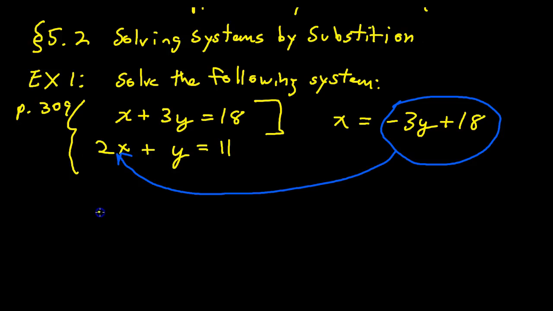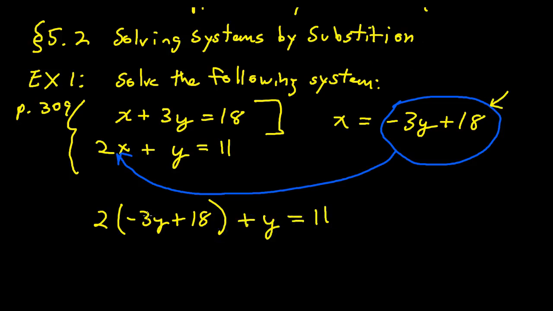Into the second equation, I get 2 times (minus 3y plus 18) plus y equals 11. Substituting minus 3y plus 18 for x in that second equation. All right, the result is one equation with one unknown, which I hopefully can solve pretty easily.